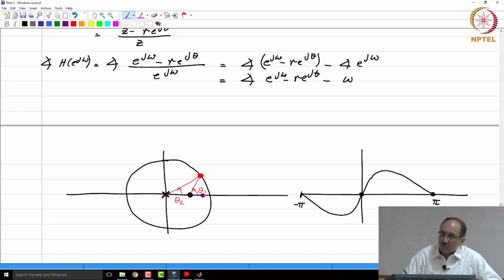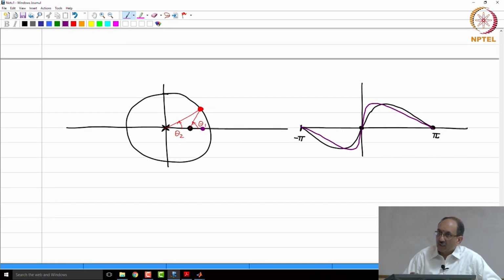When you have the 0 closer to the unit circle it will be larger, and hence in the second case theta 1 will rise more rapidly, and hence you can expect the phase response to be something like this. All right. So, this is the general feel that we have geometrically speaking.